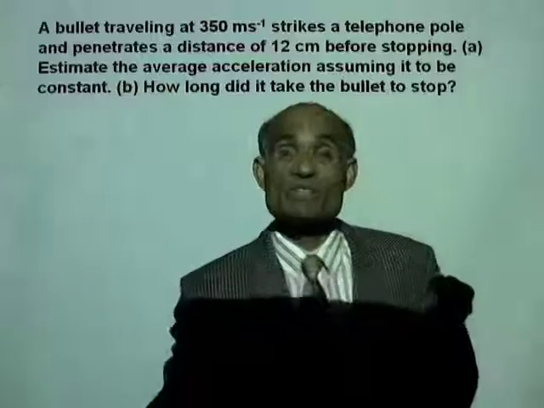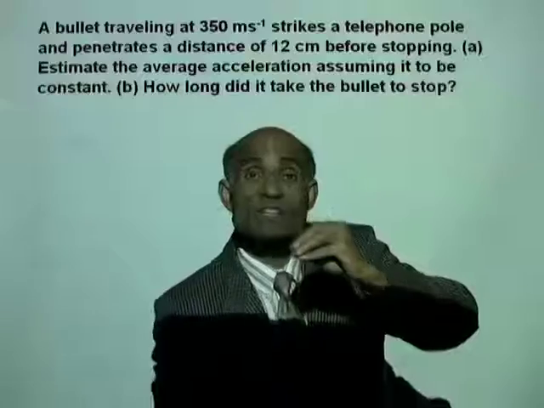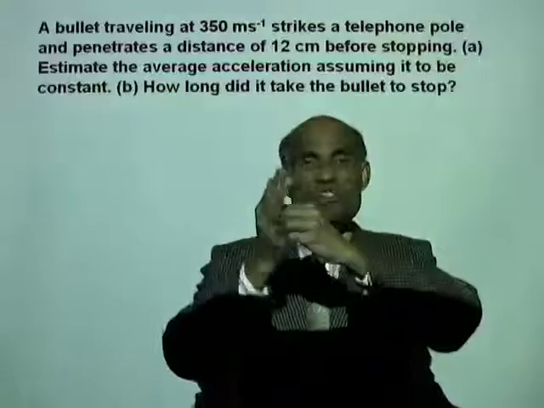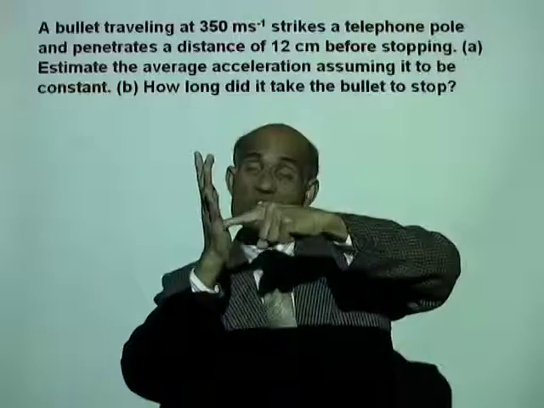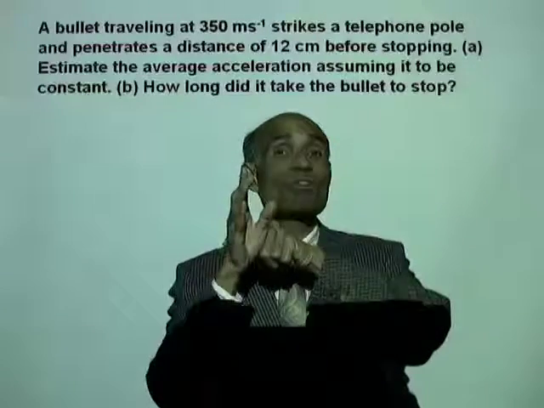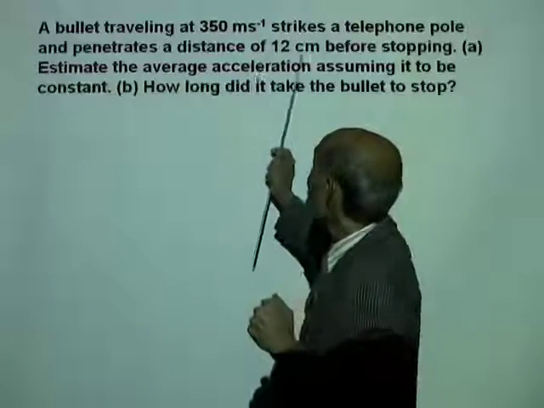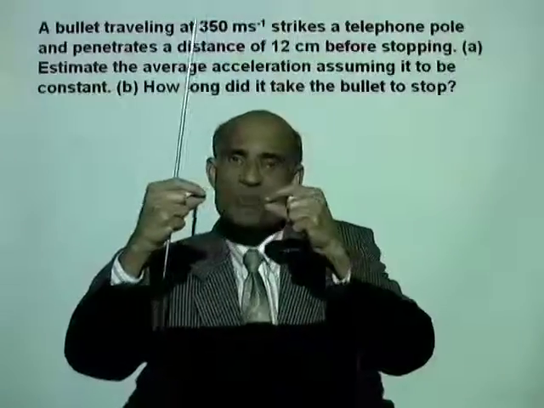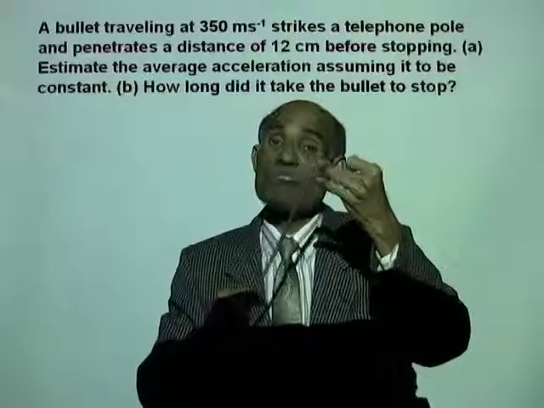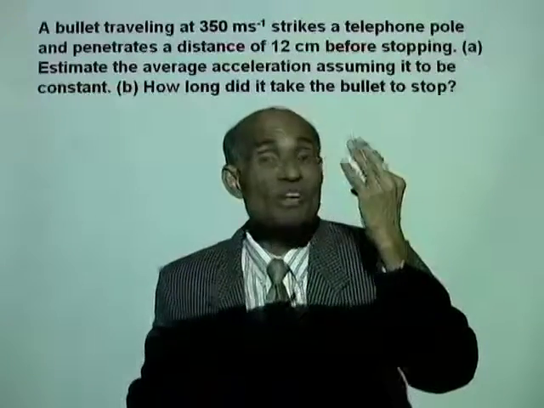A bullet strikes a telephone pole. The instant when it strikes it, it has this velocity, 350 meters per second. That's the initial velocity. And it penetrates into the pole and stops. Is that right? Yes. What is the velocity when it stops? 0. And it travels this distance, 12 centimeters in stopping. You know the displacement. You know the initial velocity. You know the final velocity. You know the displacement. Can you find the acceleration?